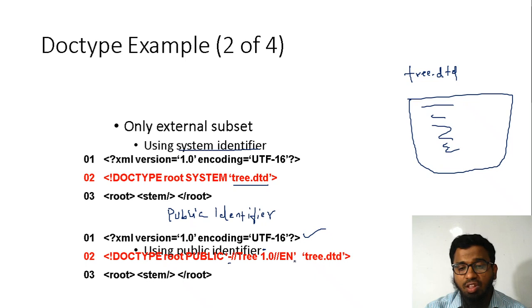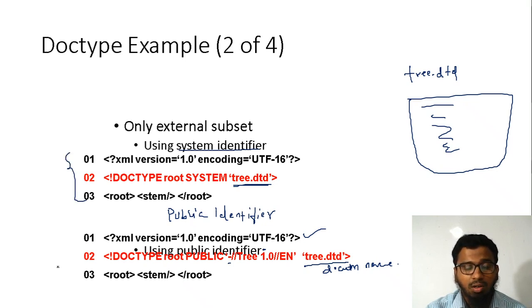Okay, after that you need to write the document name. And this is inside the root. Before we are getting the data, externally we are calling it before the root.